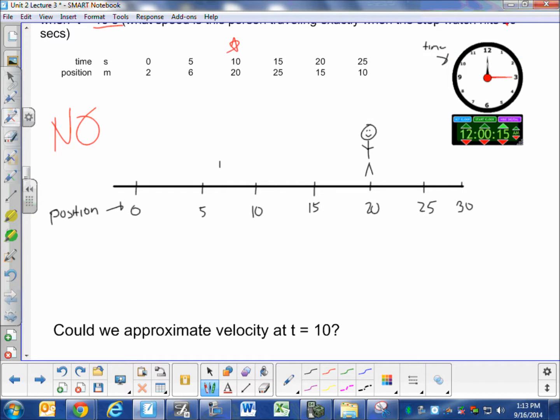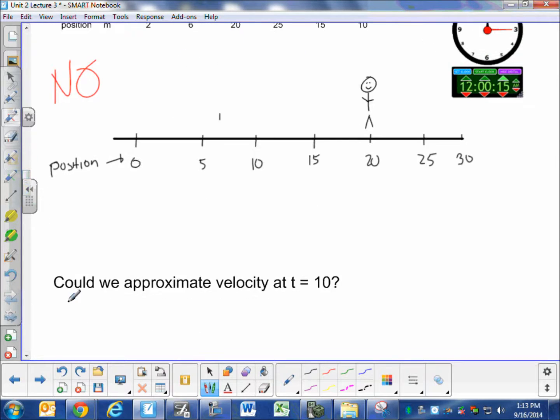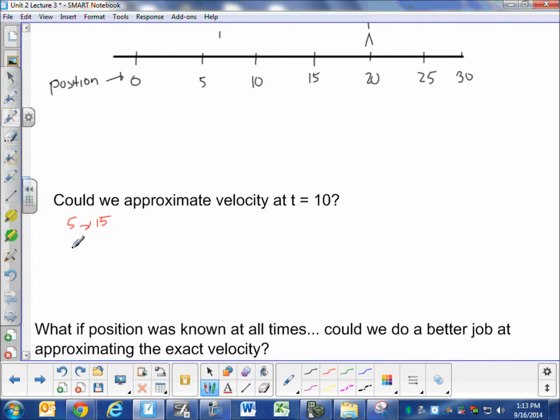How? What can I do? Average rate of change. I could find the average rate of change of this guy from when to when? 5 to 15. We could try from before he gets to 20 to after he gets to 20. That would be the average rate of change. That would give me the velocity.